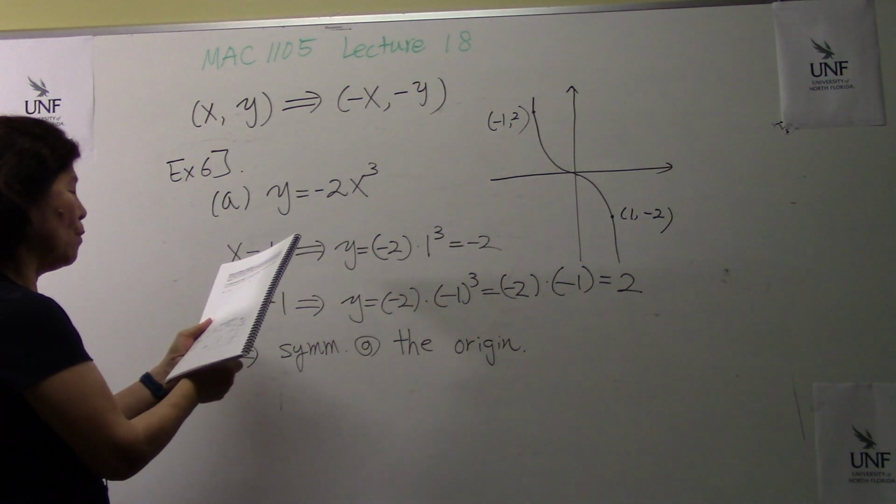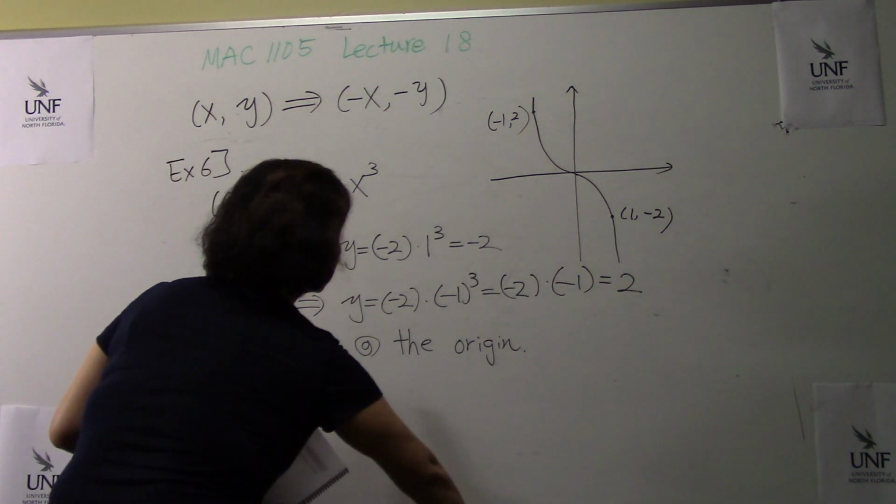What about part B? y equals negative 2x squared.